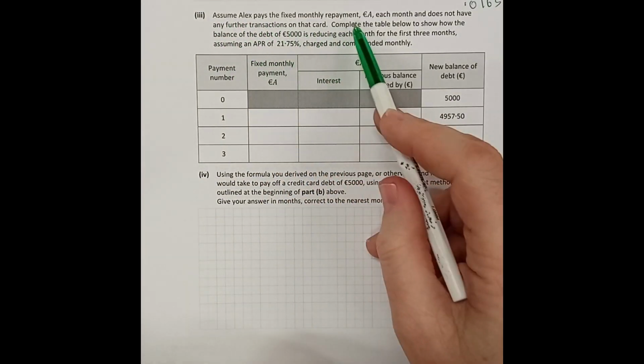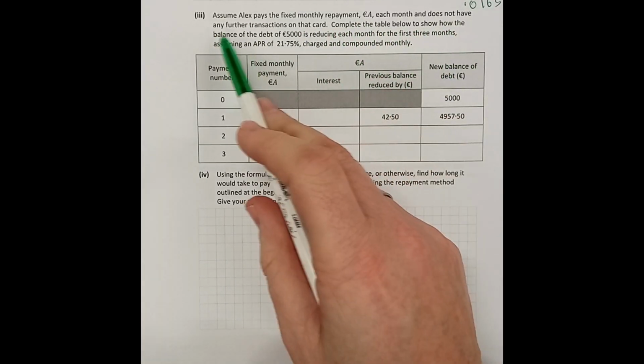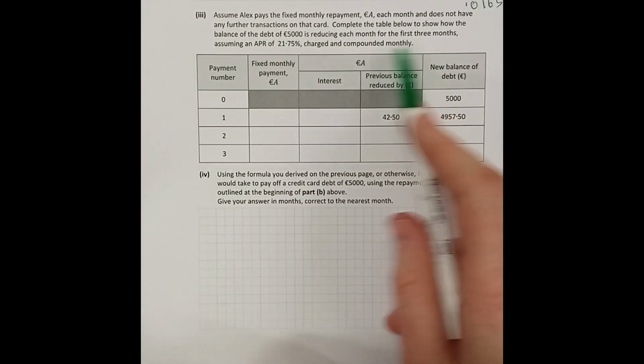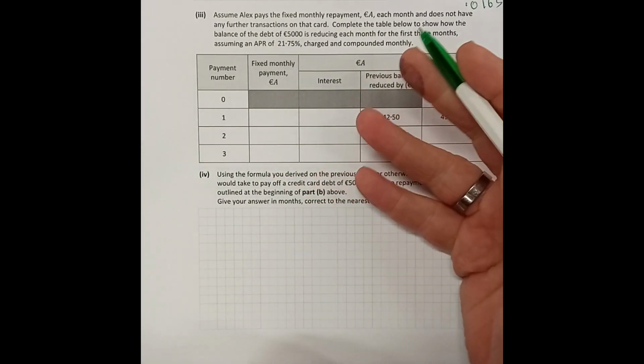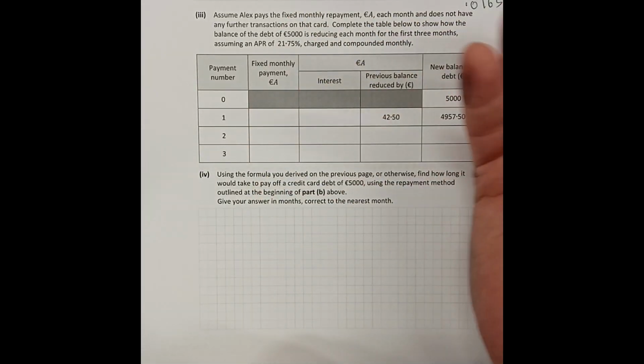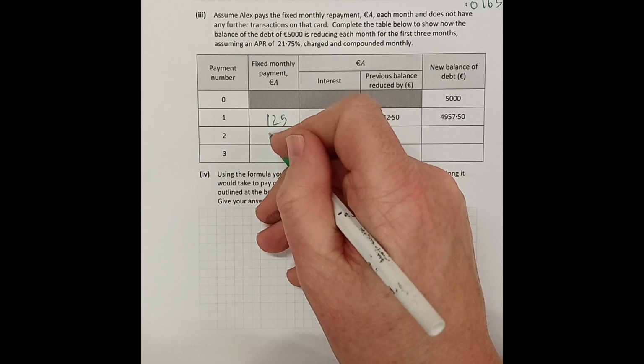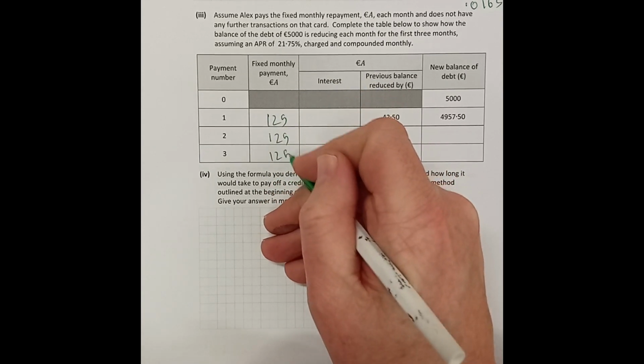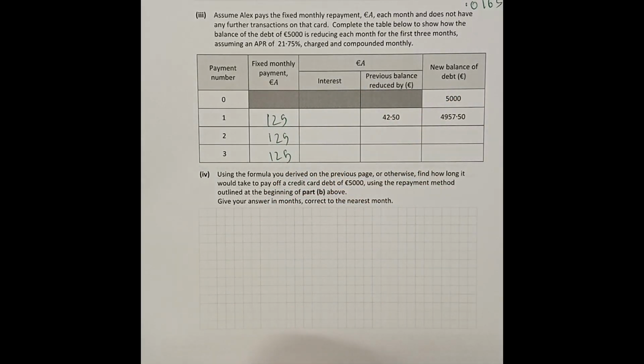Now, assume Alex has paid this much, complete how much he's left. Okay, so let's figure it out. He's paying a fixed monthly 125, so they're all going to be 125 because it's fixed. The interest on this one, let me see.